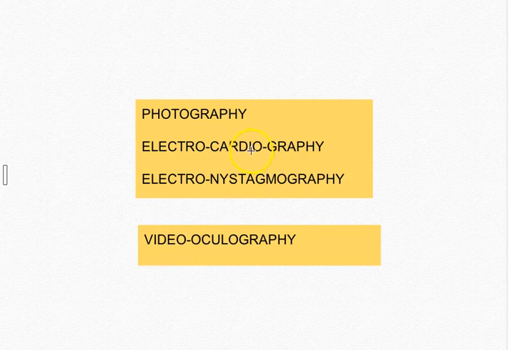Just like a tracing obtained from the electricity of the heart is called electrocardiography, a tracing obtained from the electricity of the eye is called electronystagmography, and a tracing obtained from the video of the eye is called video oculography.